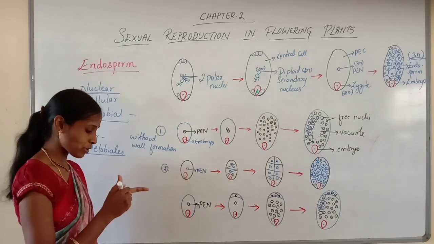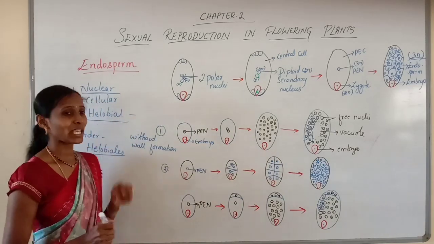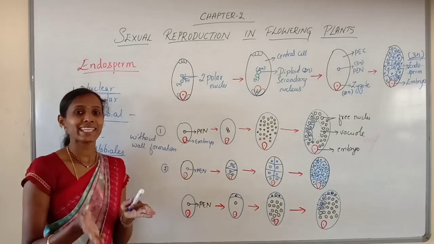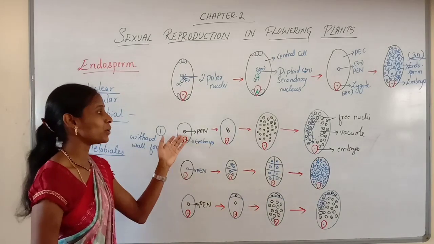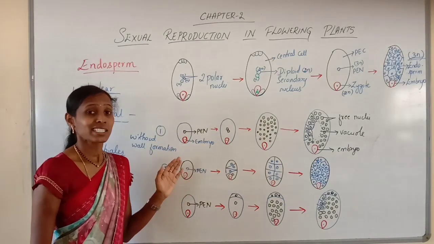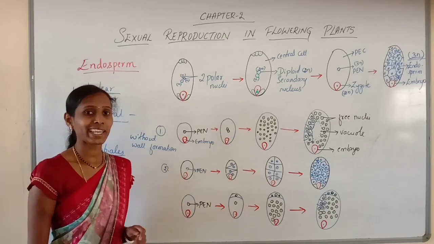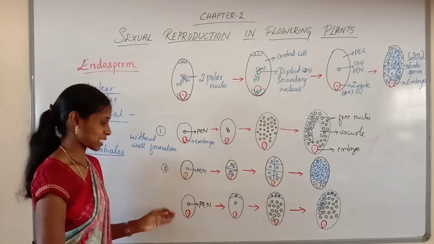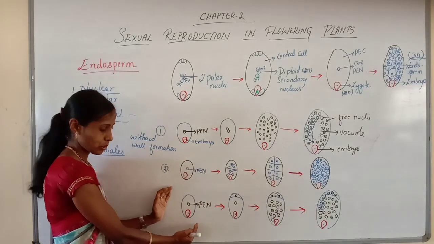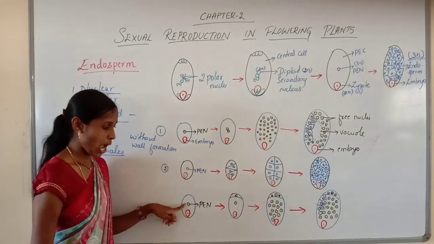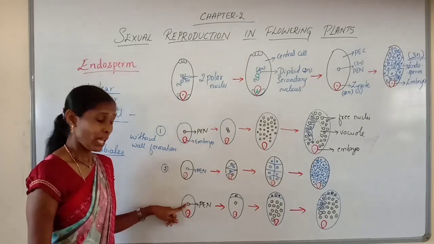Then how will this be formed? This helobial type of endosperm is intermediate between the nuclear and cellular types of endosperm. It is an intermediate, so both are taking place simultaneously. Let me explain. This is the embryo sac, which contains the embryo as well as a primary endosperm nucleus.